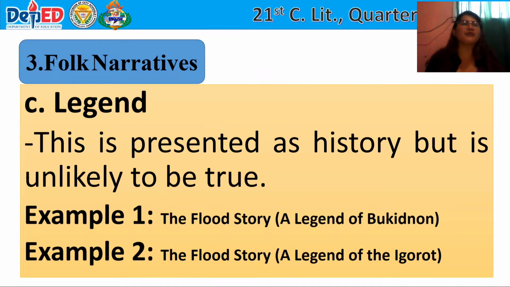Examples of legends are Maria Makiling in Laguna, the legend of Bernardo Carpio, the legend of how Pangasinan started, and the legend of Eve and Adam. So those are examples of Filipino legends. Another example is the flood story. It is actually a legend of Bukidnon, but there's also another version from the Igorot. Okay, so that is legend.